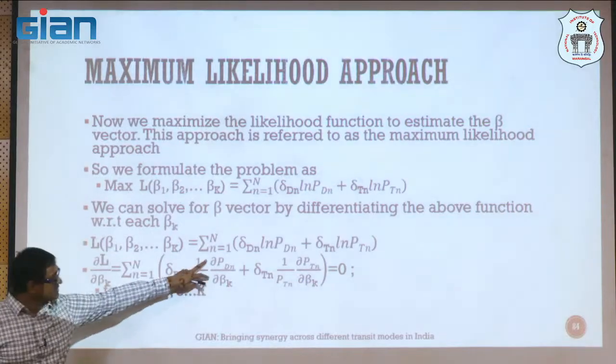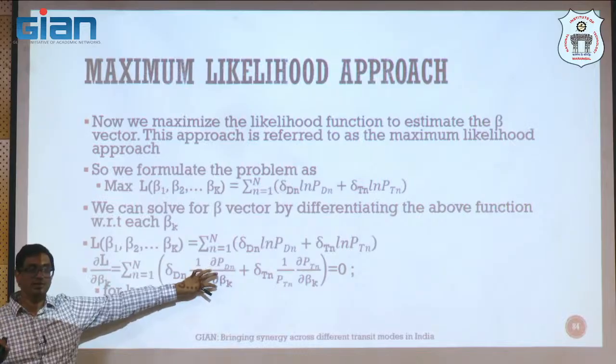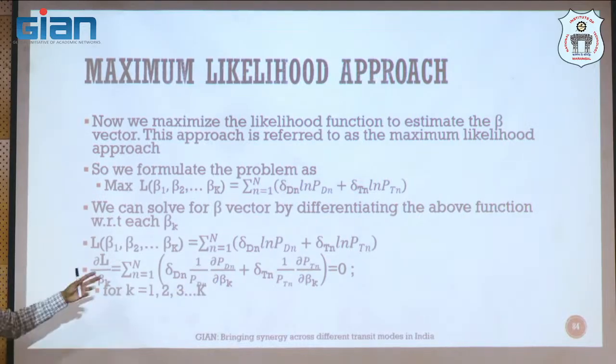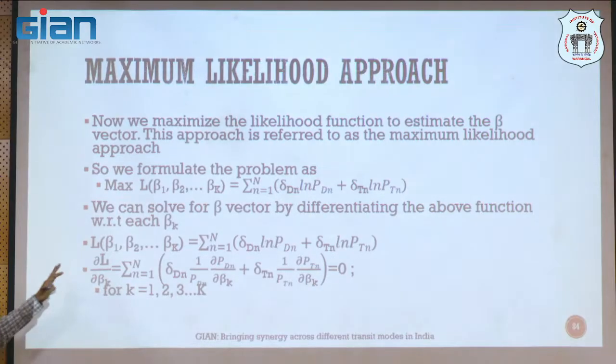So these derivatives are not going to be very simple. They are still, because it's an exponential function, not that bad, but we will have to do this. So you have to do the derivative for each of the betas, right? If there are 10 independent variables, you have to do it separately for all 10 of them. But the same mathematical structure translates, so you don't have to do it repeatedly.